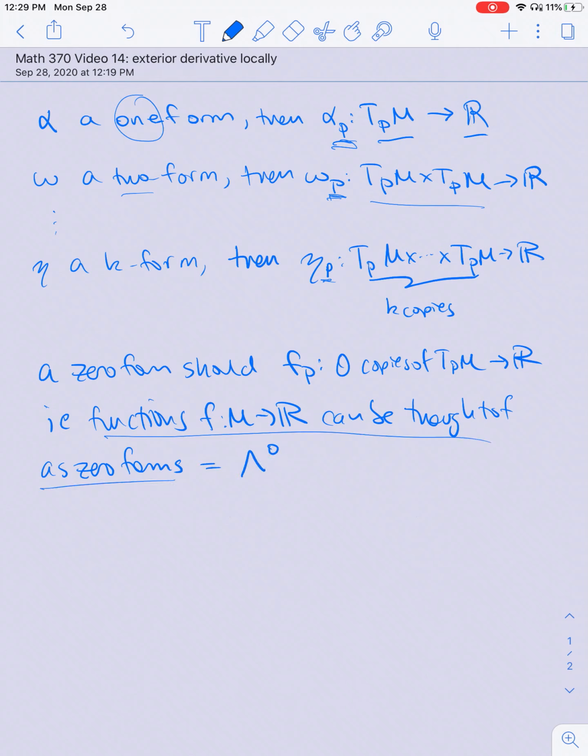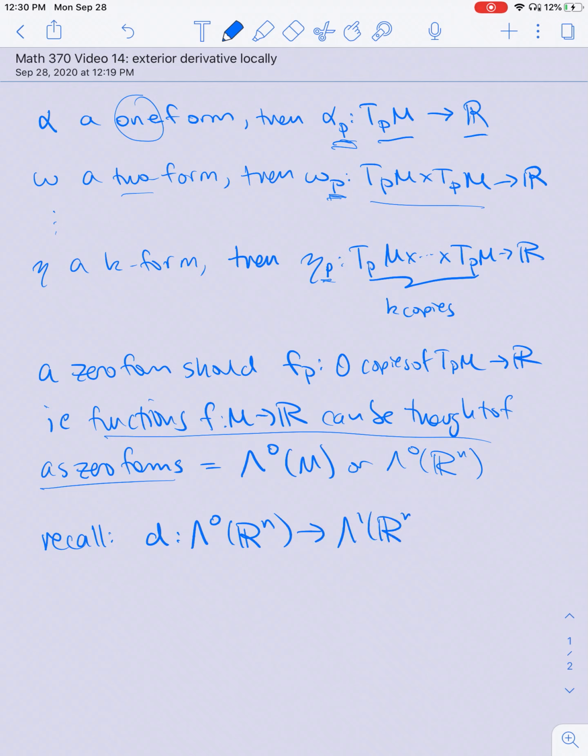So I'll use the notation lambda 0 of M as we've been using, and if M is Rn, then it would be lambda 0 of Rn. And so what I want to recall is that I have this operator called d, which takes zero forms on Rn and gives me one forms on Rn, right?